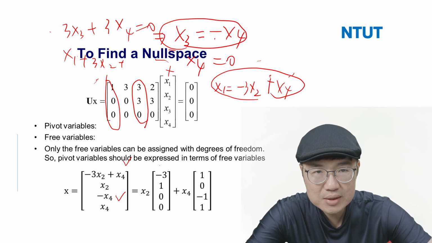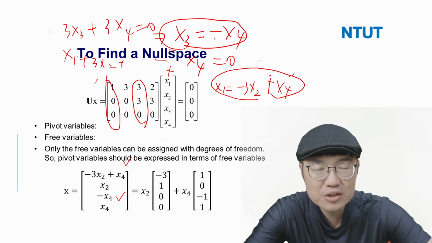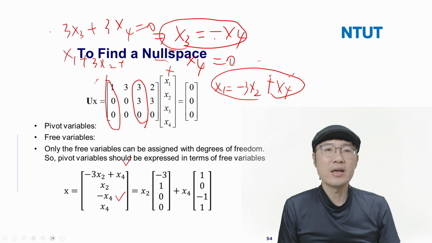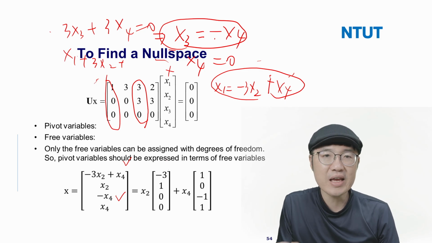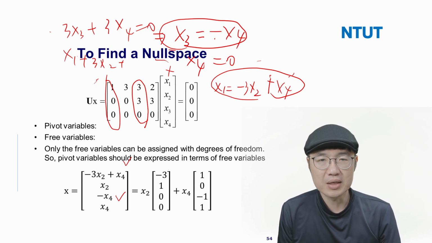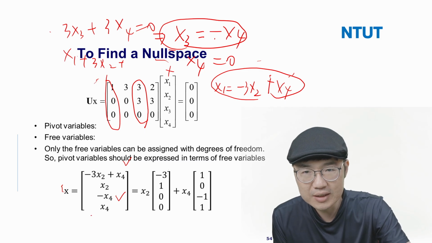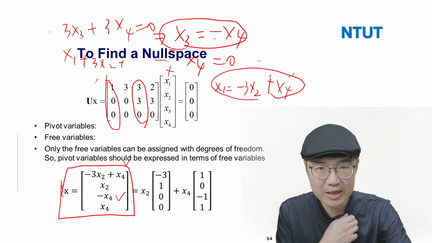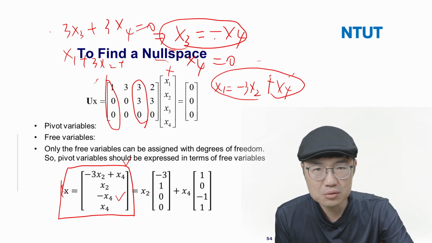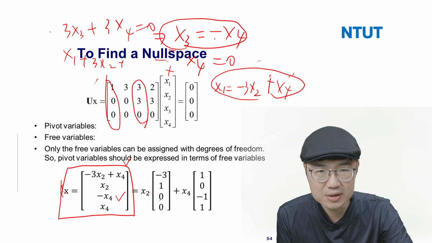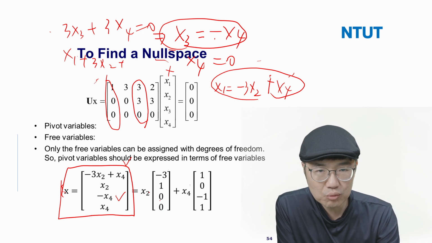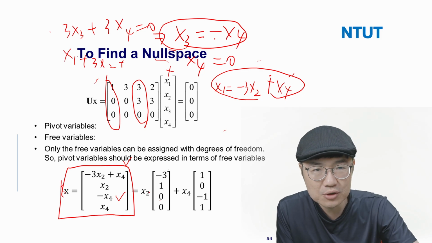So with x1 and x3 substituted in terms of the free variable, finally, the x that makes Ax equals 0 becomes this vector, by separating x2 and x4: x2 times minus 3, 1, 0, 0 plus x4 times 1, 0, minus 1, 1 will make Ax equal 0.